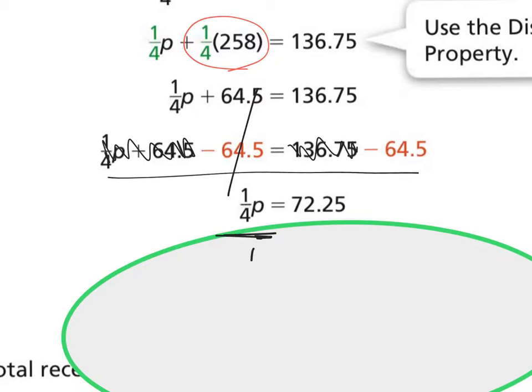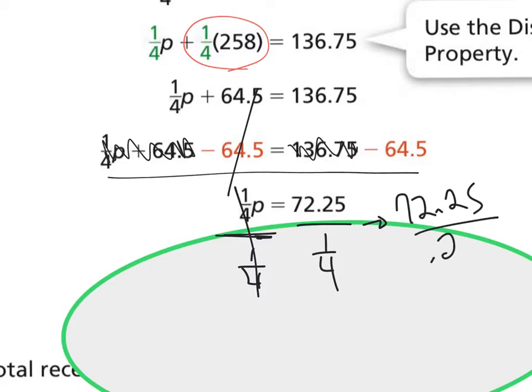If you wanted to, you could change the 1/4 to a decimal, 0.25, and that is probably to our advantage in this case. If it wasn't a decimal, remember dividing fractions, you need to keep change reciprocal. When you work that out, you should get $289, just like the book did doing it their way.